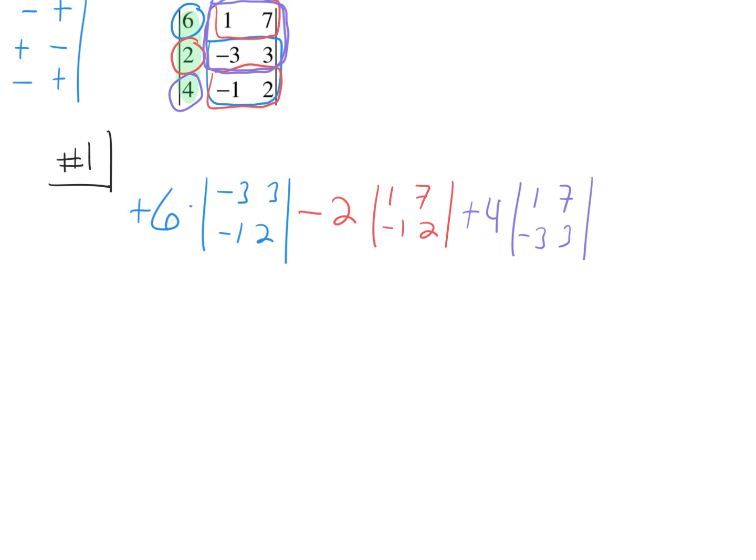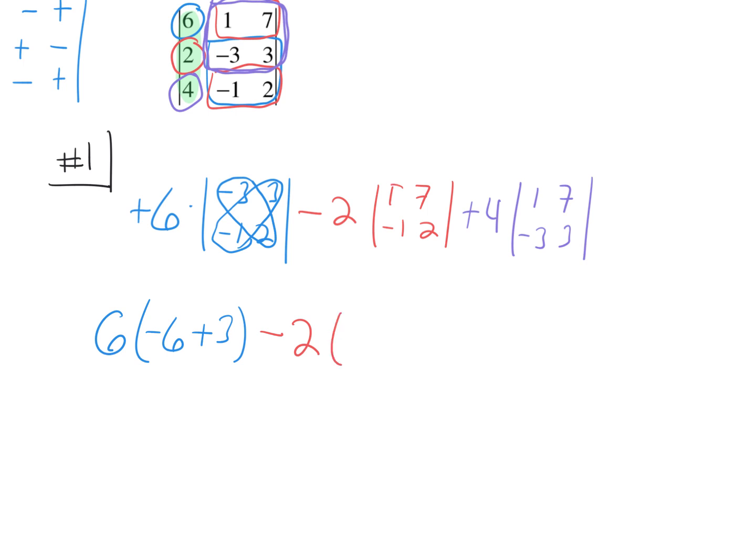All right, and now let's compute these. So this first one's going to be a positive 6 times, we're going to find the determinant of this 2 by 2 matrix. Negative 3 times 2 is negative 6. Minus negative 1 times 3 is plus 3. Same thing with the next one.